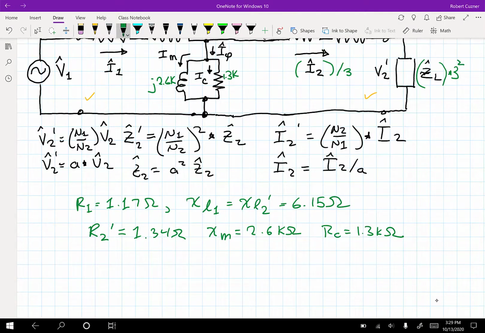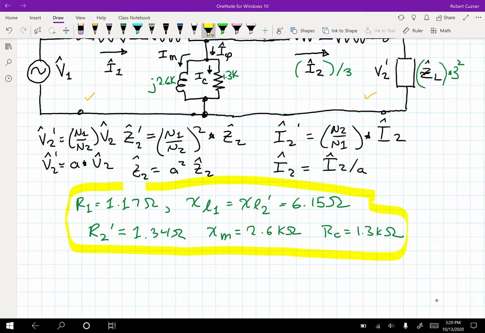Okay, so I've now written down all of the parameters referred to the primary side. We'll just start with that, and we can start to look at an example of, let's say, where we put a particular load on, and we can start to look at currents and voltages.